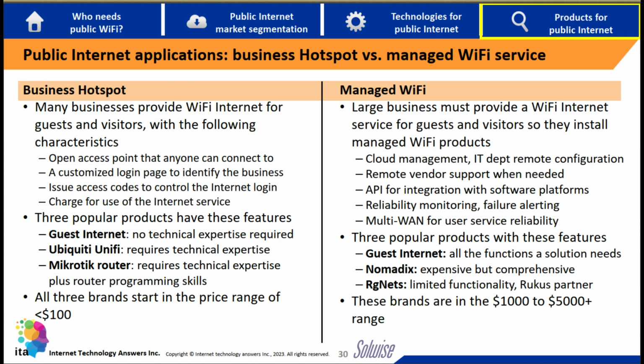They want to be able to monitor the reliability of their network, alert for failures, multi-WAN, that type of thing. And then there are three popular products in this segment: guest internet, nomadics, and RGNets. And once again, the business hotspots start at less than $100. The managed Wi-Fi is in the range of $1,000 to $5,000.